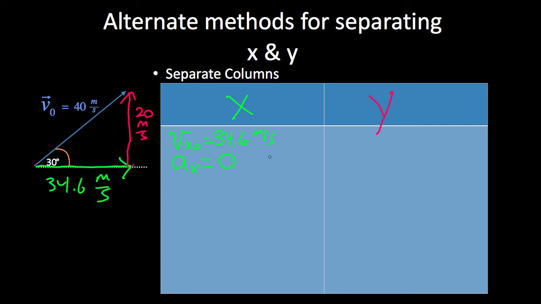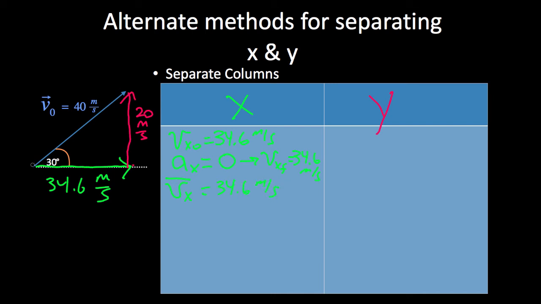There is no acceleration in the x direction, which immediately tells us that Vx final is also 34.6 meters per second. And it also means that V bar, the average velocity in the x direction, is also 34.6 meters per second.